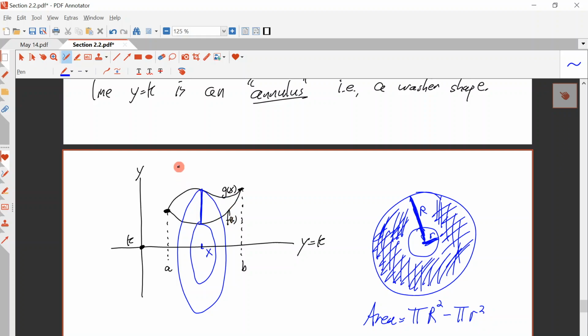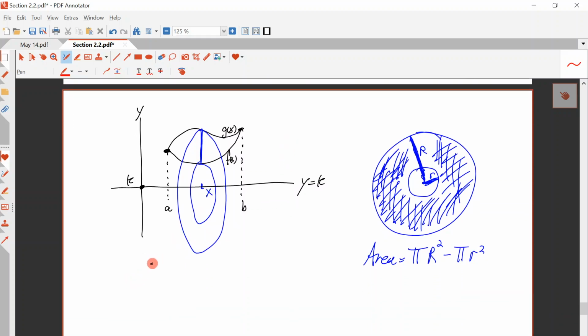So here, the little radius is f. Well, let me see. In this picture, let's just use this, I guess.